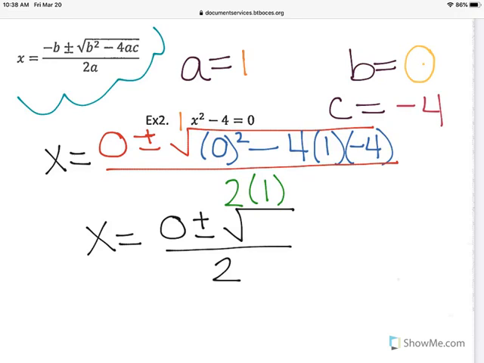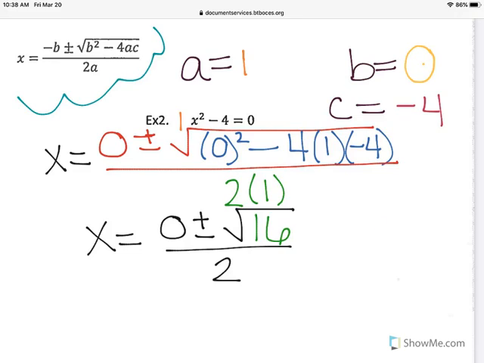We're going to type that all into the calculator at once, starting with parentheses 0 squared minus 4 times 1 times negative 4. And that should give me, if I type it in correctly, 16. Now, we then ask ourselves, is the number inside of the radical a perfect square?